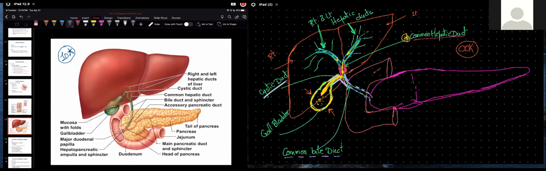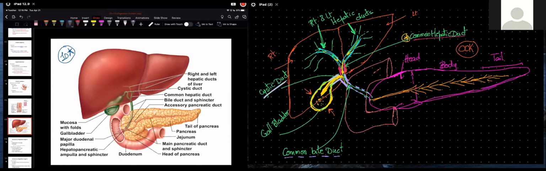All right, so again, the structure of the pancreas: what we're looking at is the head of the pancreas, the body of the pancreas, and the distal part here is the tail of the pancreas. As you see, the duodenum surrounds the head of the pancreas. The pancreas is responsible for releasing a major part of the digestive enzymes that break down the food we're eating, performing a large part of the chemical digestion.